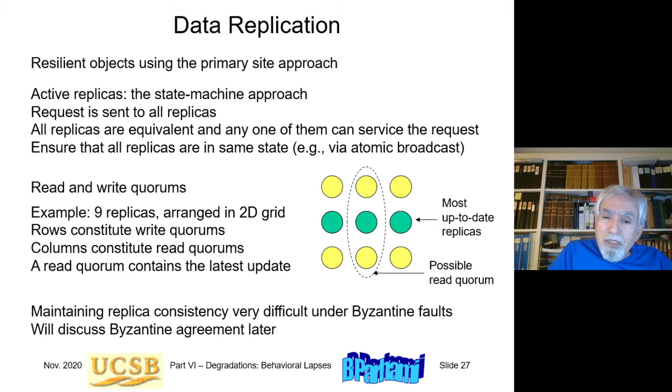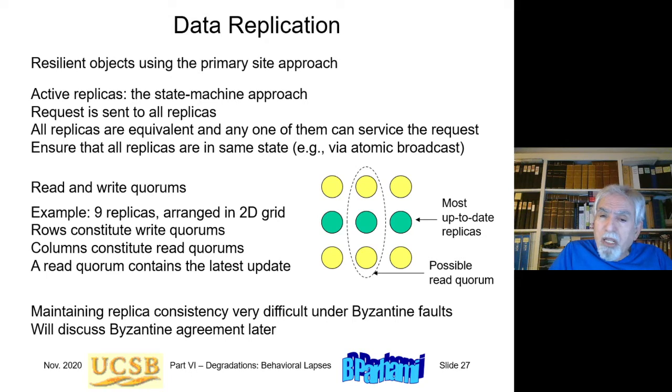So now imagine a more symmetric approach. Here I've shown in this diagram 9 copies. Each of those circles is a copy of a particular data file or data item of interest. And they're all the same. None of them is special. None of them is called primary, and none are called backups.